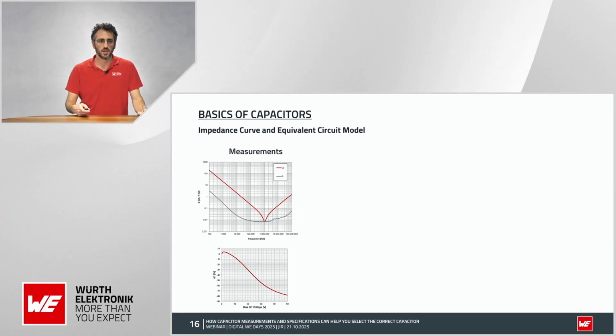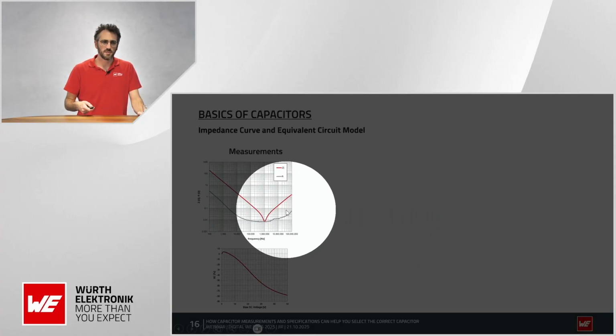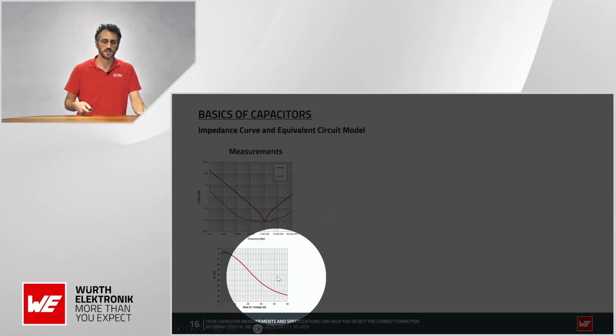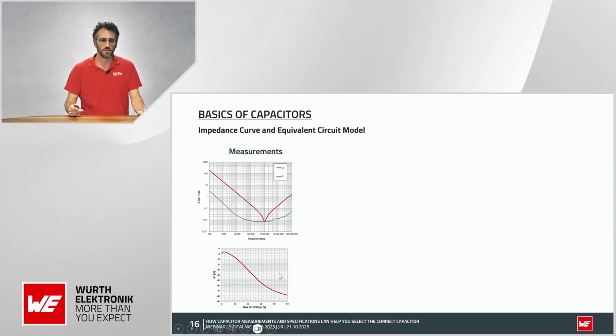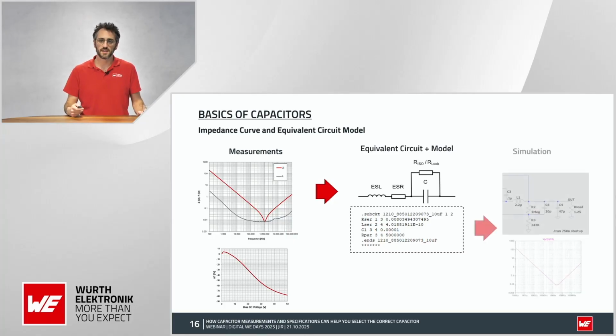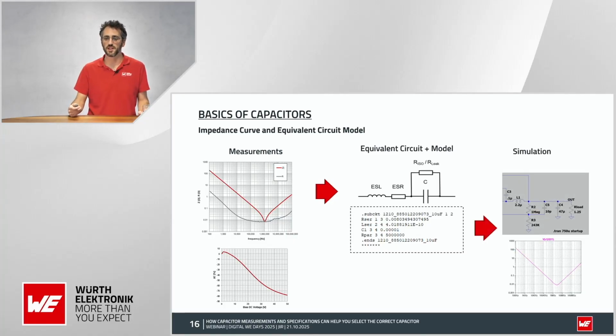Finally, this kind of measurement, impedance measurements, ASR, DC bias, what I just commented, we do this for all of our part numbers. And what we do with this is that we generate models for the simulation. So you can add these models in your simulation package. We have it in LTspice, PSpice, and much more.